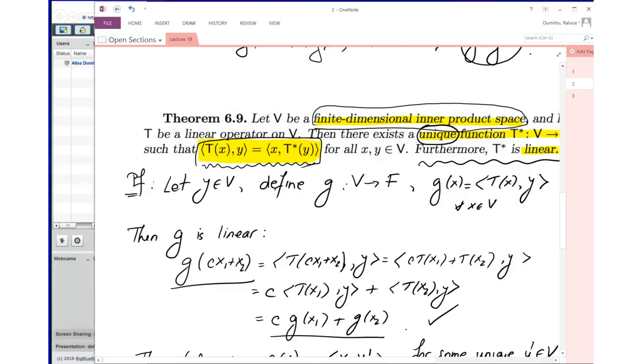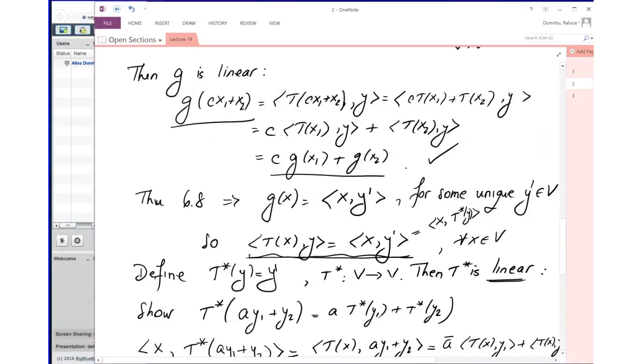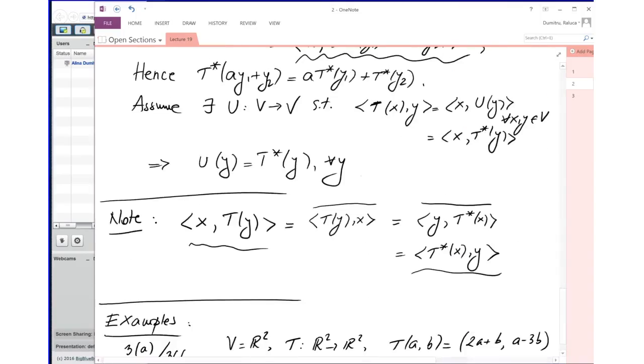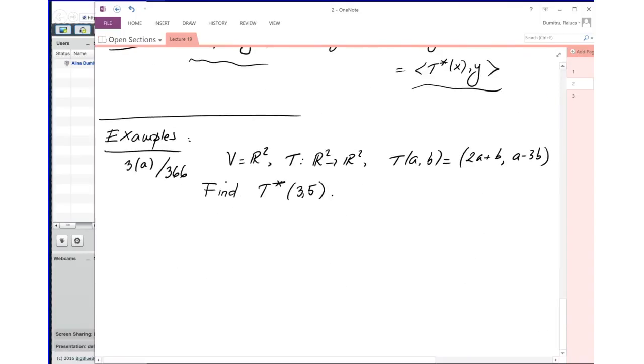So I need to start with the inner product between T of x and the pair (3, 5). Let's look at that. Now T star of (3, 5) shows up there on the right, and this will hold for every x in R2.